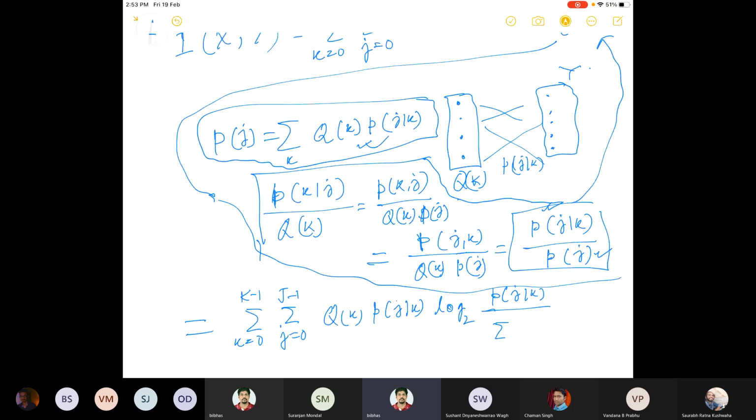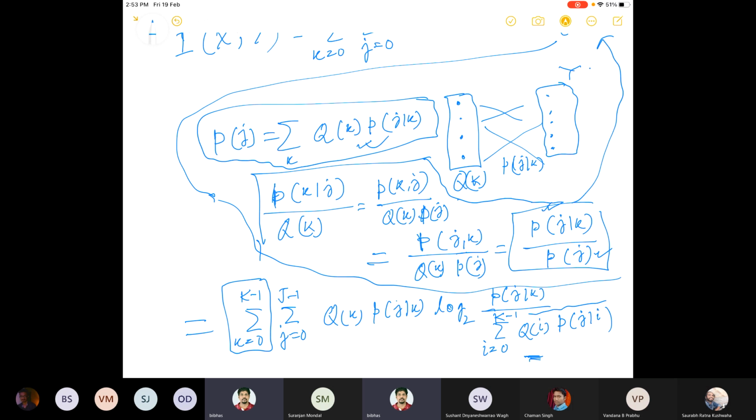Sum over i equal to 0 to k minus 1 of qi and p of j given i. Or you can write small k, it doesn't matter. But I'm not writing small k because small k is varying here, and then this k would also apply here if I write k.